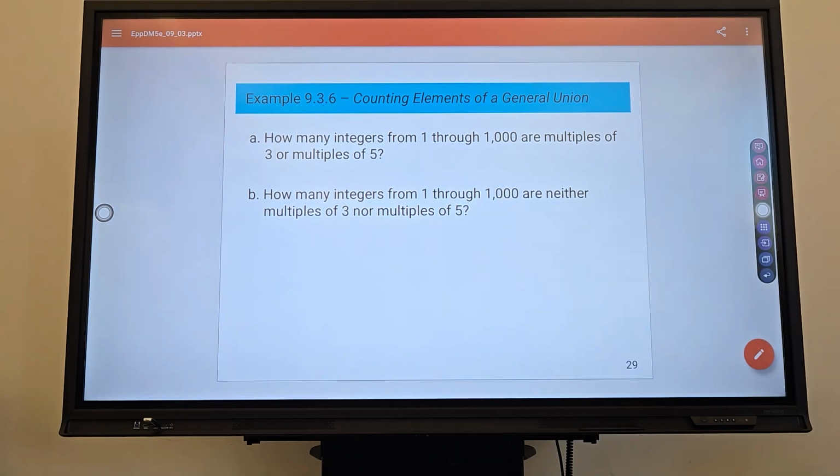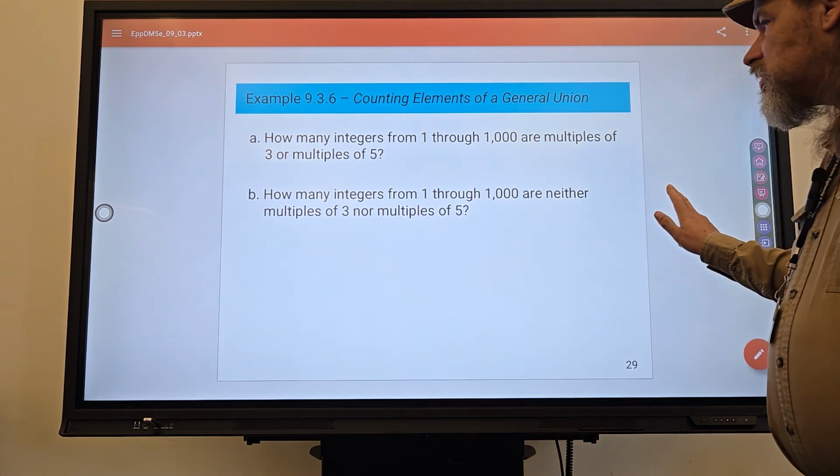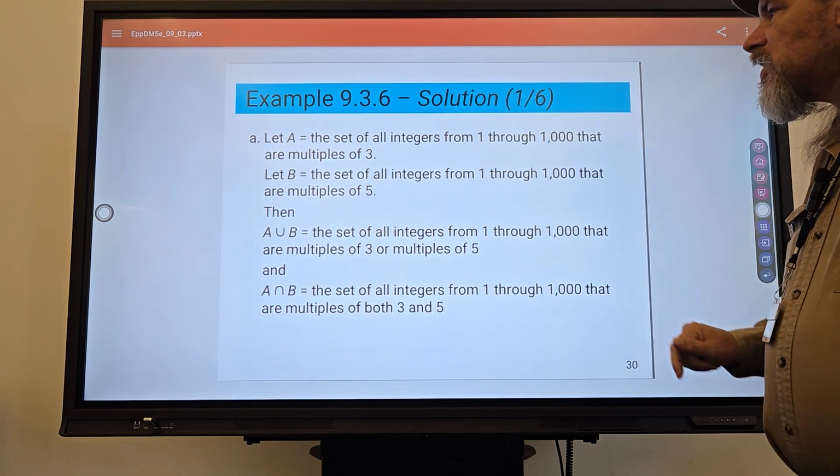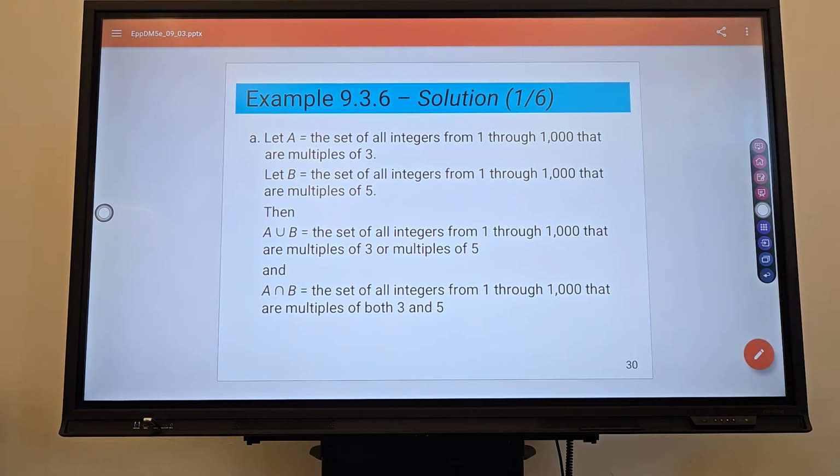How many integers from 1 through 1,000 are multiples of 3 or multiples of 5? Let's just do that one example. Let A be the set of all integers from 1 to 1,000 that are multiples of 3. Let B be the set of all integers from 1 to 1,000 that are multiples of 5.